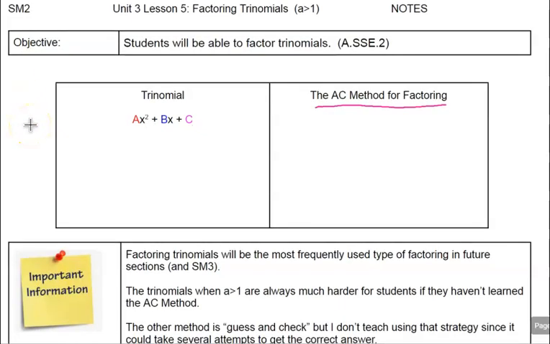So the AC method, as a review, we're going to multiply the first term times the last term. And then we want to come up with factors that add with positives or negatives to get the middle term.